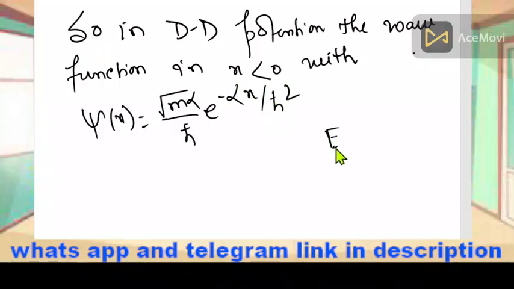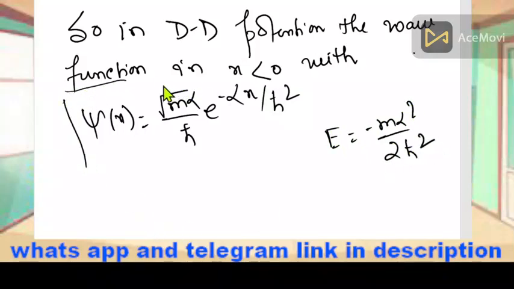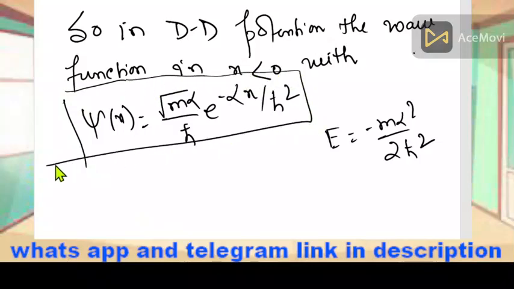This is the wave function. And the energy is minus m alpha square upon 2 h bar square. So these are our results.